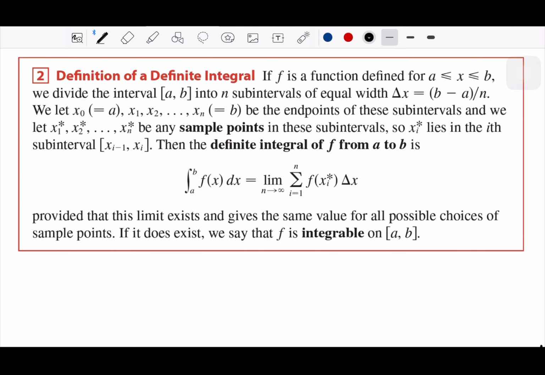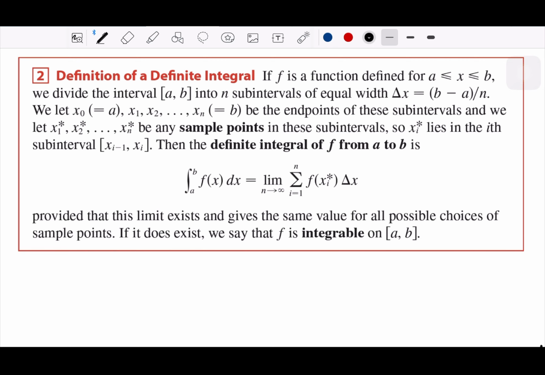And by definition it is our limit before: the limit as n goes to infinity of the summation from i equals 1 to n of f of x_i*, the sample points, multiplied by delta x. So you can imagine f of x and delta x like a rectangle before. We have a lot of rectangles, and we simply sum up all these rectangles. And how many rectangles do we have? So many. We call this infinity.